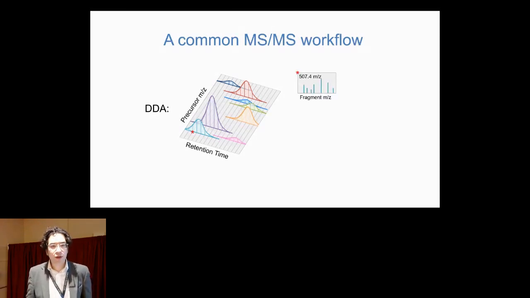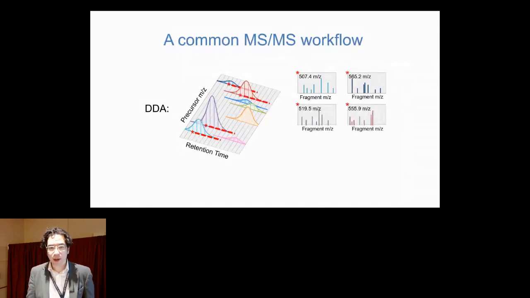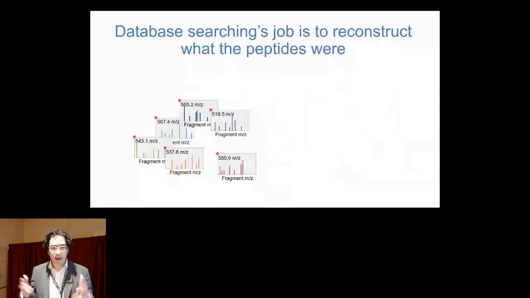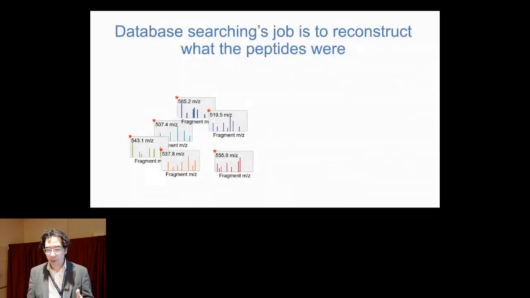So as we are marching through in time, we're choosing the most abundant peak to go off and try to sequence. So we'll select this particular ion for collecting a mass spectrum with a particular precursor mass, and then we'll stick it on an exclusion list so that we don't have to look at it again. We'll do it for the next one and the next one and the next one over time to get an idea as to what is representative of those peptides.